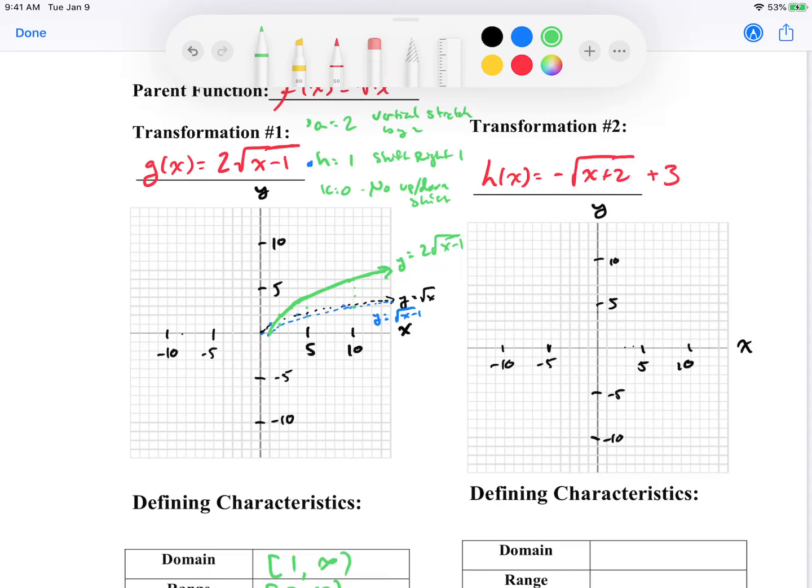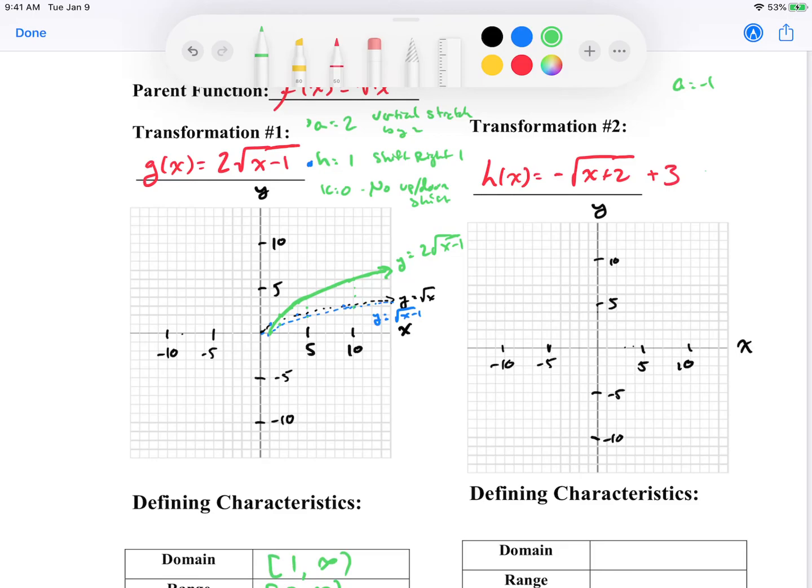I'm going to do the same thing on this one. Okay. So now I'm going to identify what my A, H, and K are. In this one we have A is -1. Sorry. I forgot I needed to find what that does. So A is -1. Which means that we have no vertical stretch or compression.